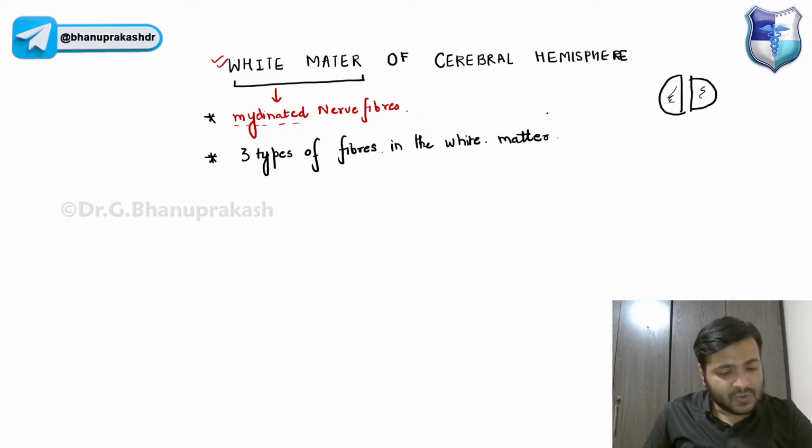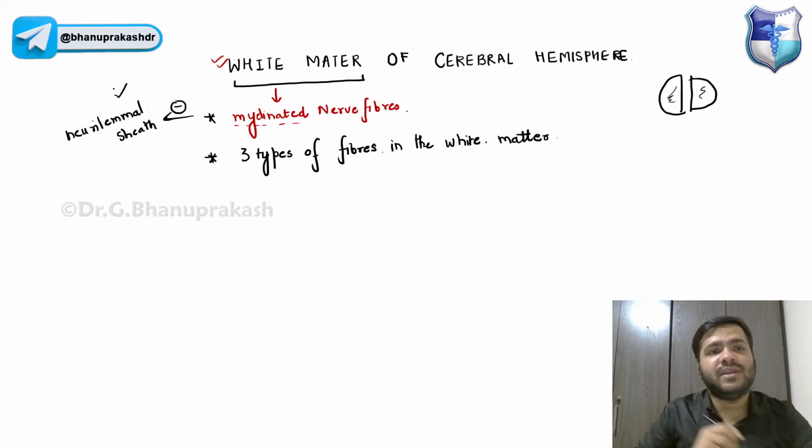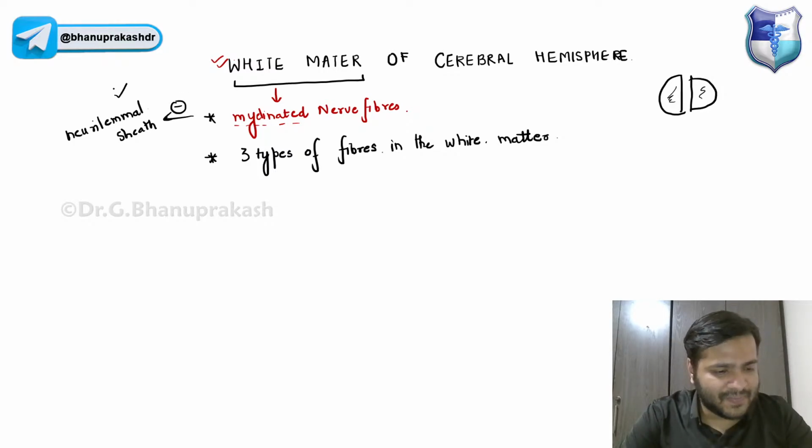Neurolemmal sheath है बेटा, neuromelon sheath नहीं है. Yes, it is neurolemmal sheath. You are going to find out, this is very easy. So basically these myelinated nerve fibers are devoid of neurolemmal sheaths, right?